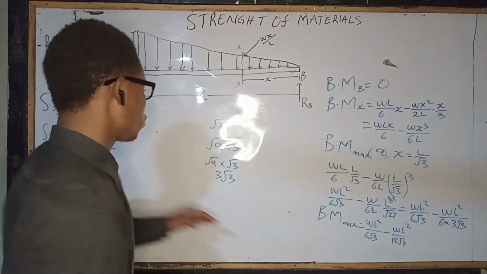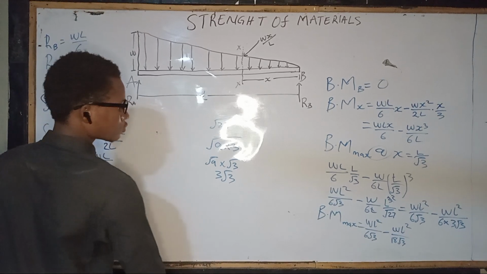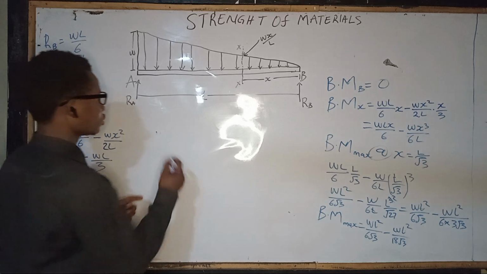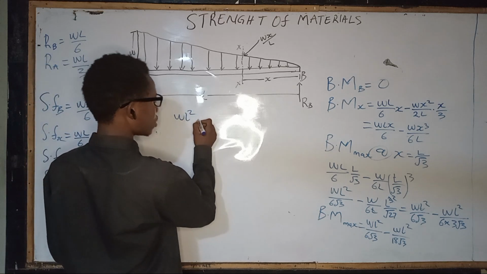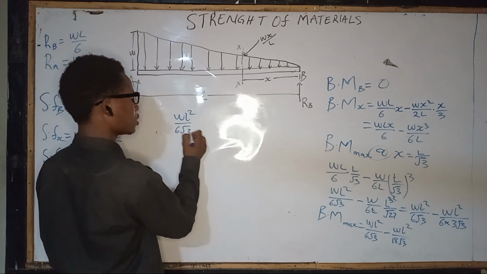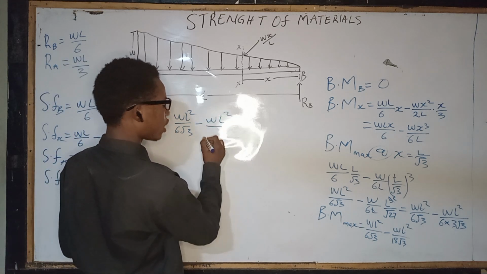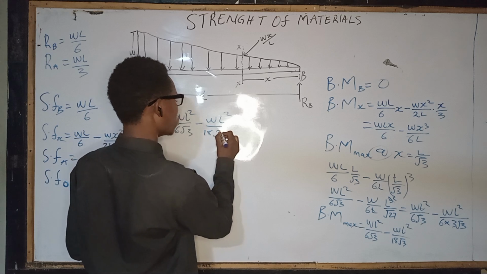So now we have two similar values here. We have wn square over 6 root 3, then minus wn square over 18 root 3.